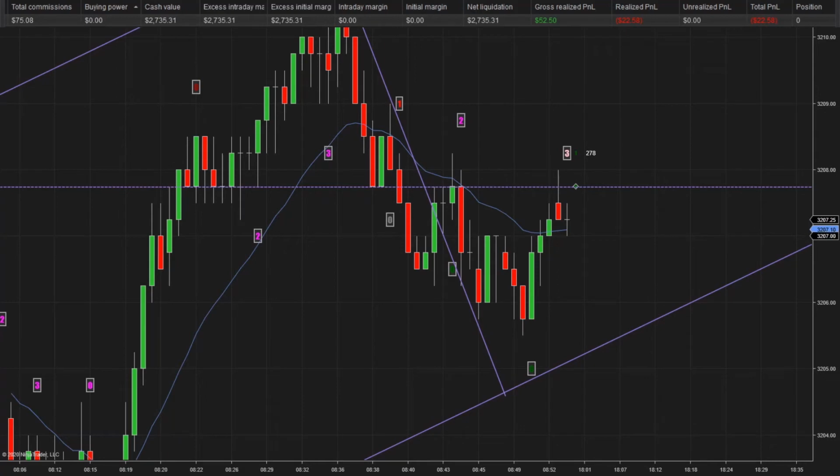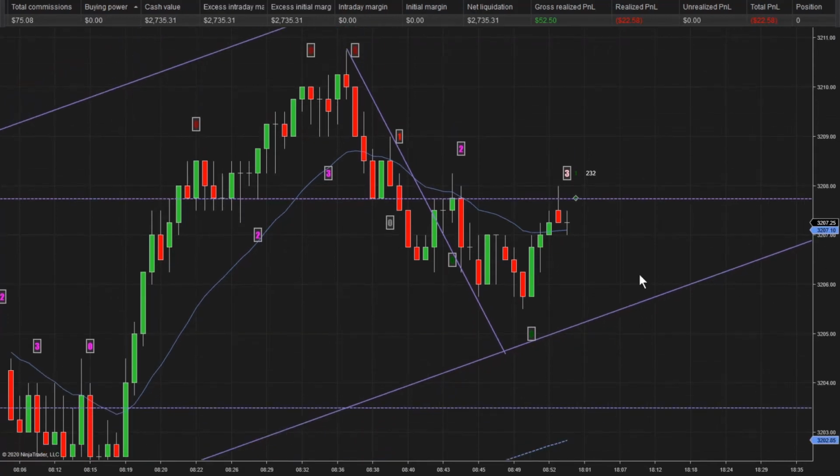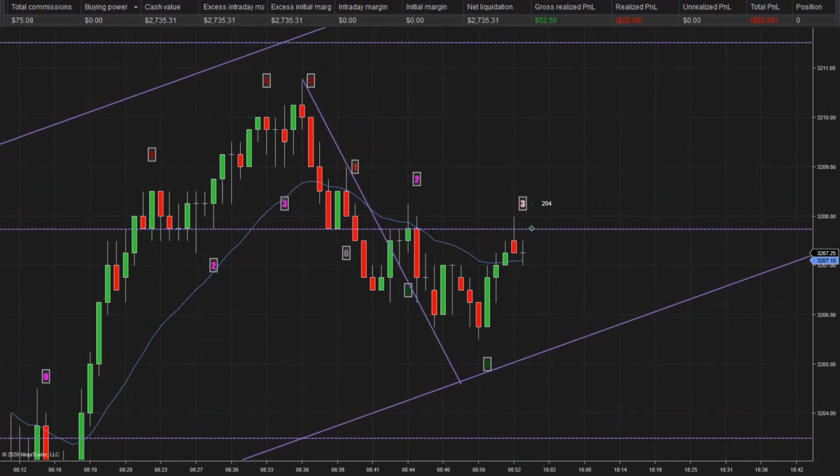In fact, I would even be interested in doing a stop order right here. The reason being is because you can see that bulls had limit orders here, bulls had limit orders here, and bulls had limit orders right here.